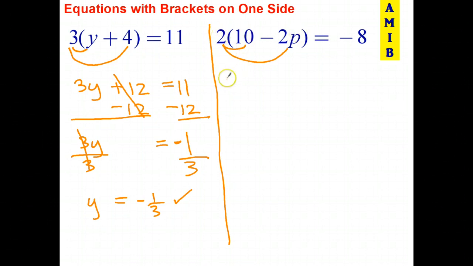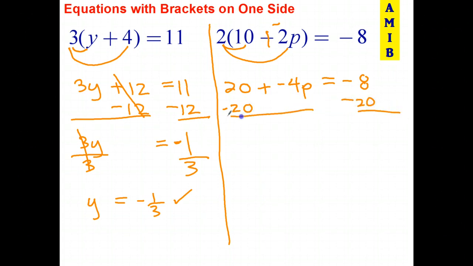So 2 times 10 is 20. Change that to plus and negative. So plus 2 times -2p is -4p equals -8. Okay, so I've got -4p plus 20. Now I can subtract the 20 from both sides, like so.